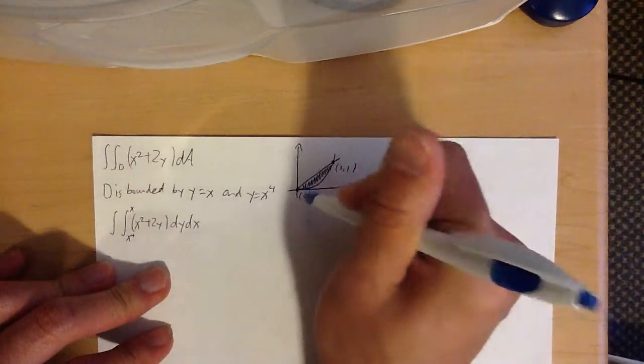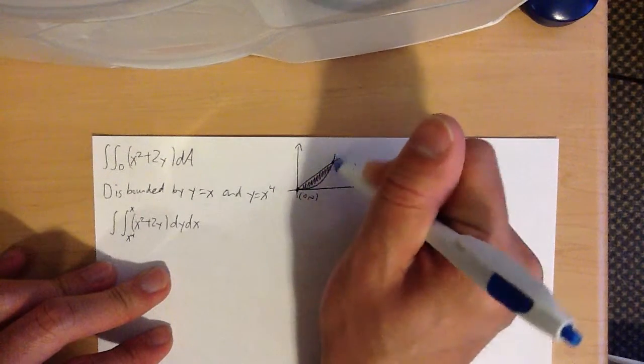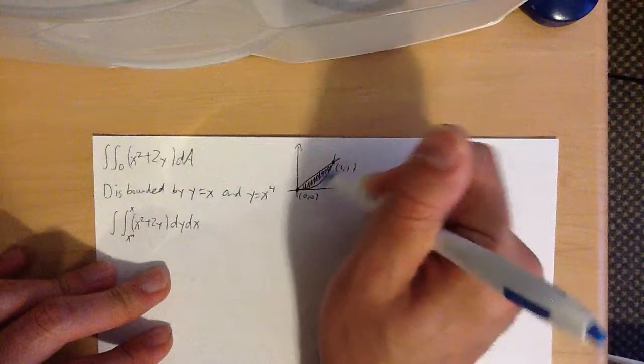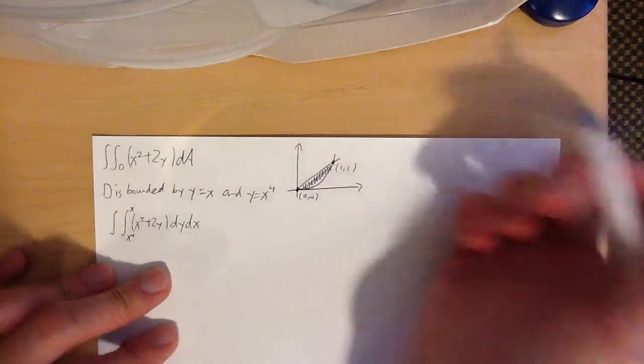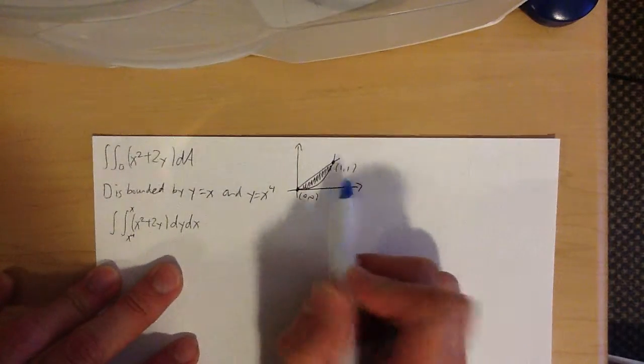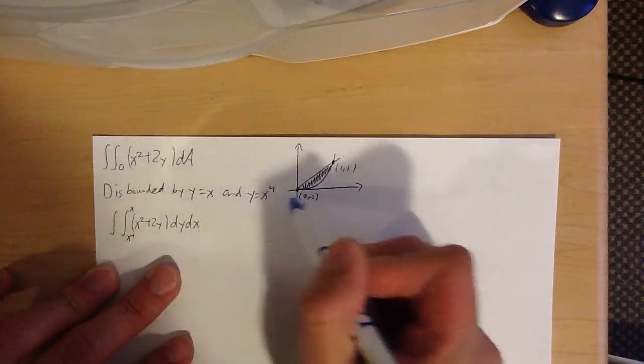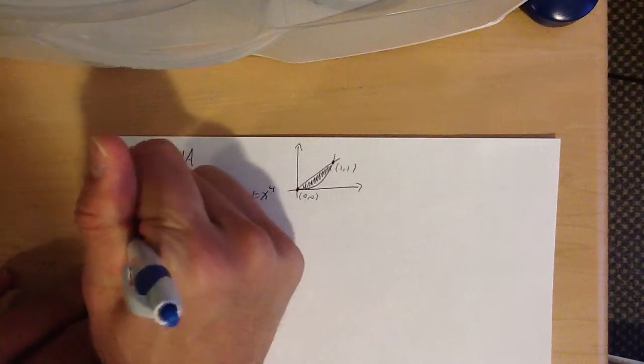Once again, this is the lower bound for y, the x to the fourth function, and y equals x is the upper bound for y. Now that we took care of y, we can take care of x. So x is just simply from 0 to 1, because we got the shape of the region by y already, so we could just get the simple numbers for x.